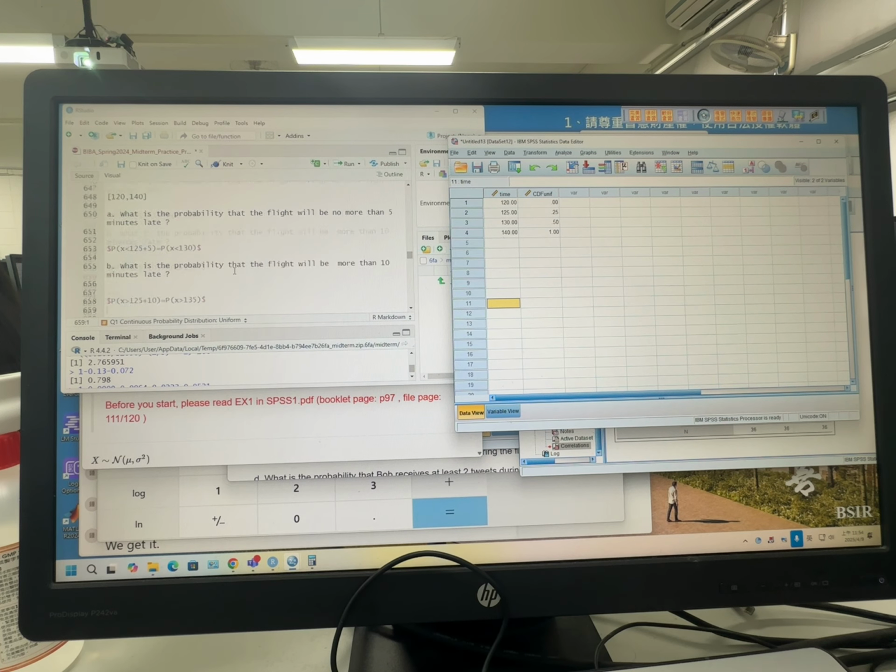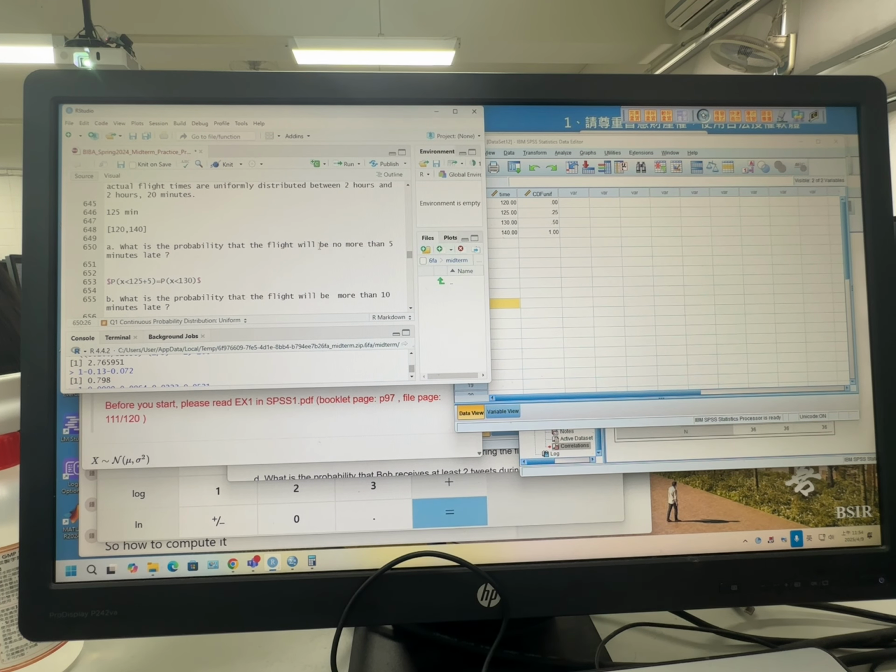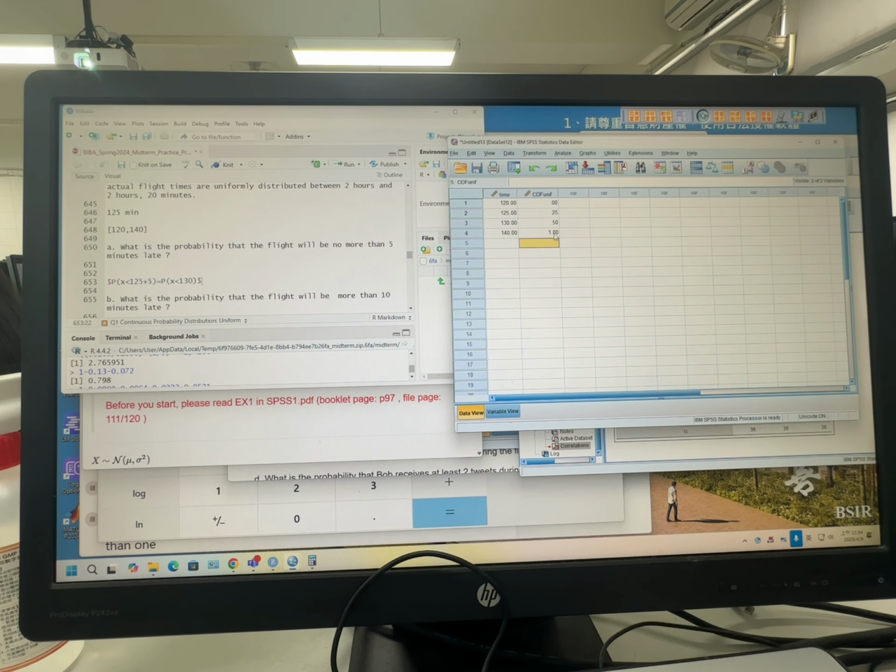So no more than 5 minutes later means smaller than 130, so that would be this value, CDF 0.5.